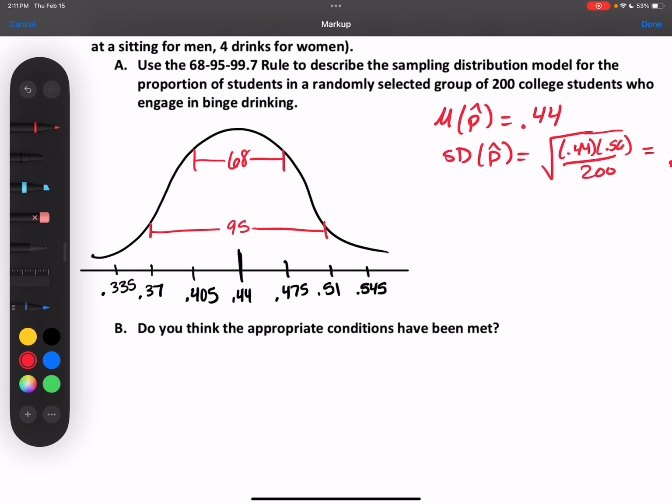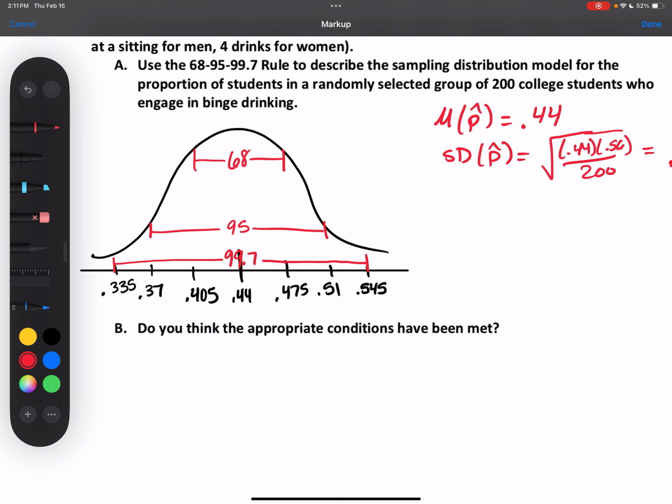And 99.7%, 3 standard deviations. What's everything else? Above 3. Anything more than 3, yep. Is that final 0.3%?